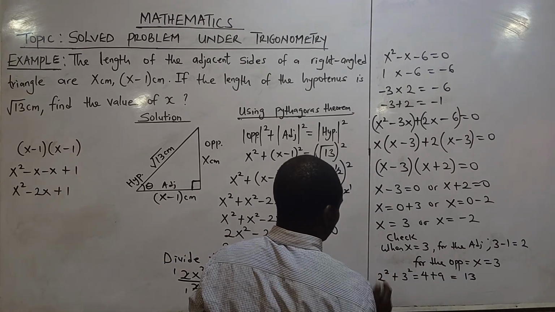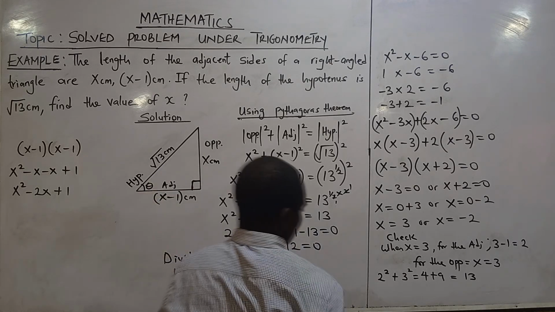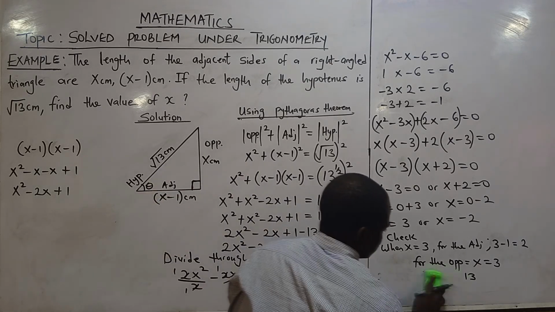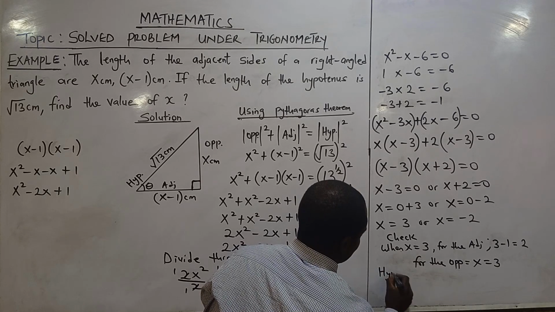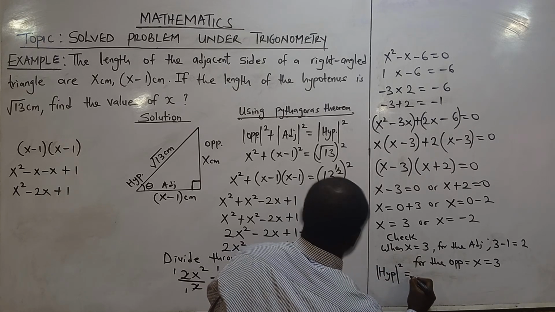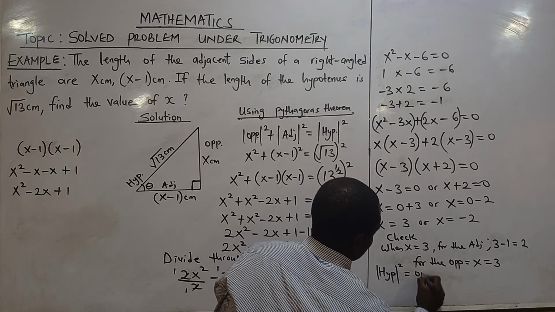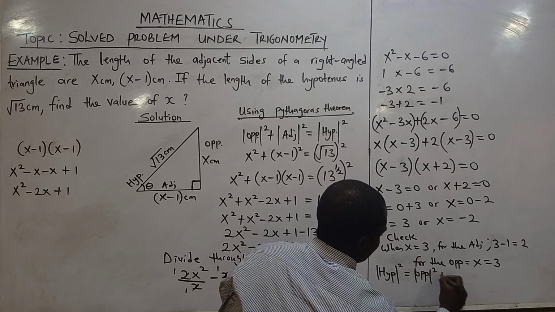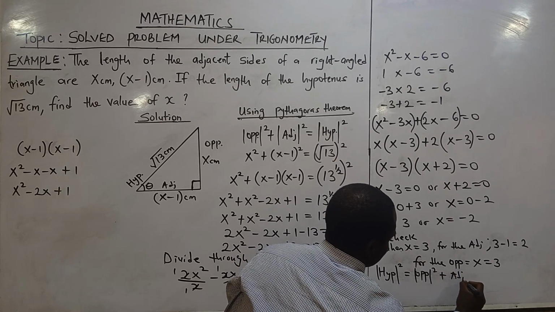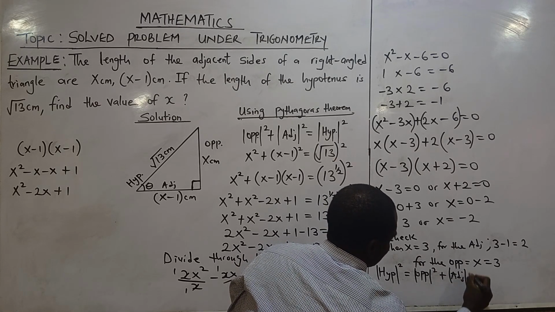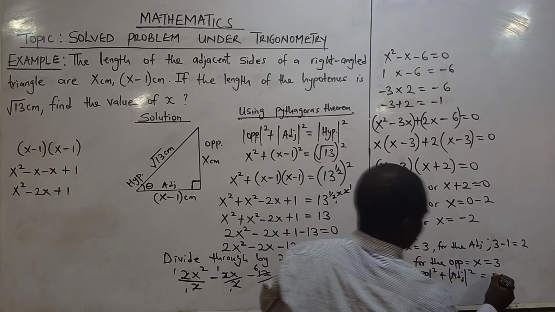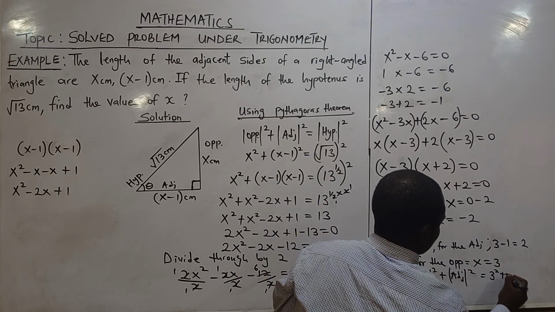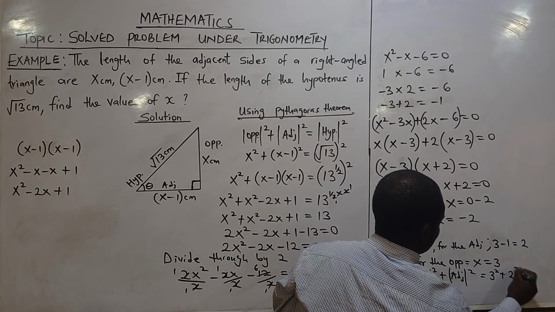Since you are looking for the square root of this, what I'm trying to say here is that we're having an expression like this: hypotenuse squared equals opposite squared plus adjacent squared. You now have, what's opposite? Opposite is 3 squared plus adjacent 2 squared.